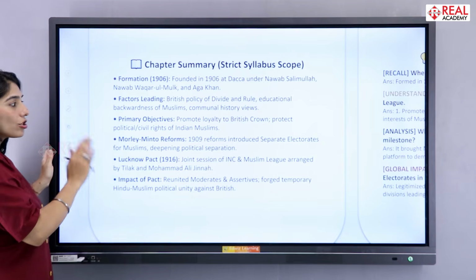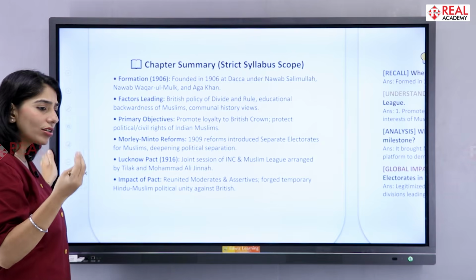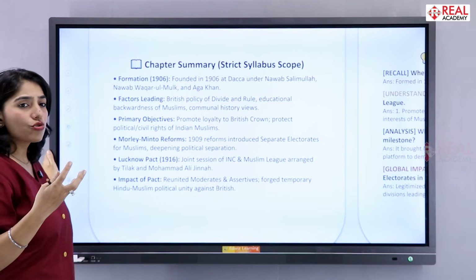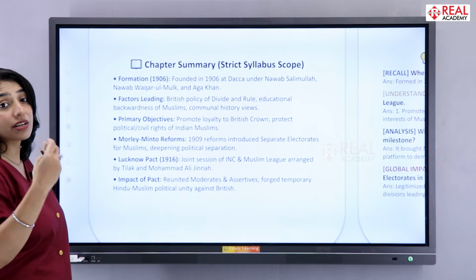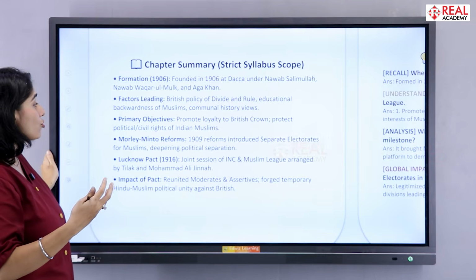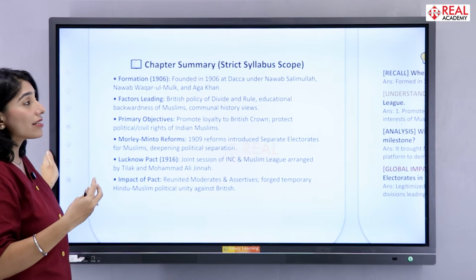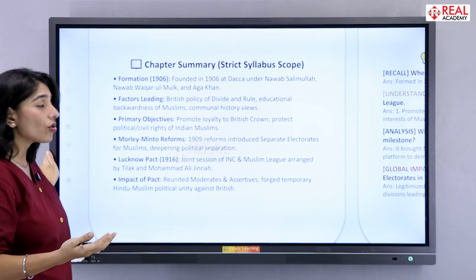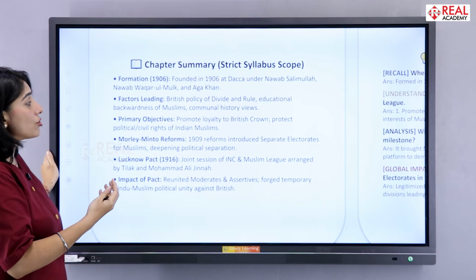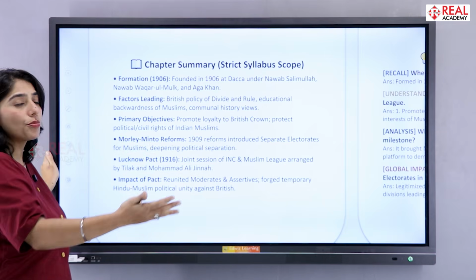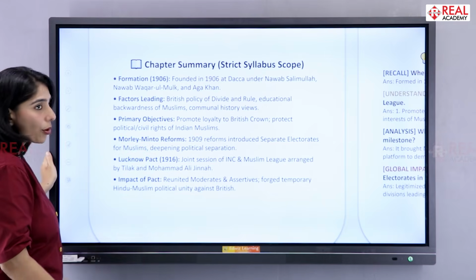This was a time when the British wanted the Muslims to feel that the Britishers are the ones who are going to protect their civil rights and political rights. This is how they started to promote loyalty to the British, to the crown.